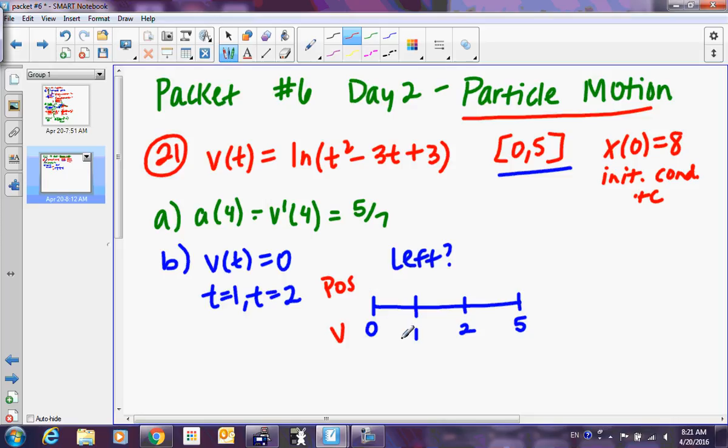If you test these numbers back into velocity, not the derivative of velocity, but actual velocity, you end up getting plus, minus, plus. So this particle is moving to the right, then to the left, then to the right. It says during which intervals is the particle traveling left? We could say it's traveling left on 1 to 2.